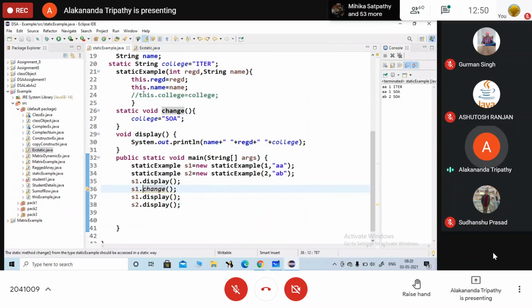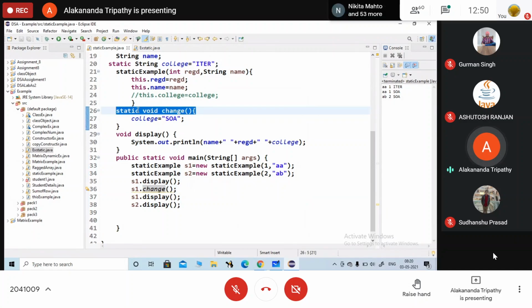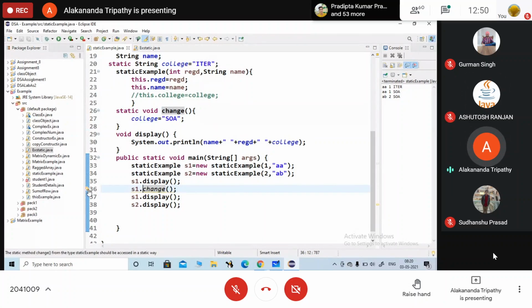Okay, here what is the name of this method? What is the void change? Here what have I declared? Static. And here we don't need the object in order to call the method. It just gives a warning here. We don't need the instance to call the method.